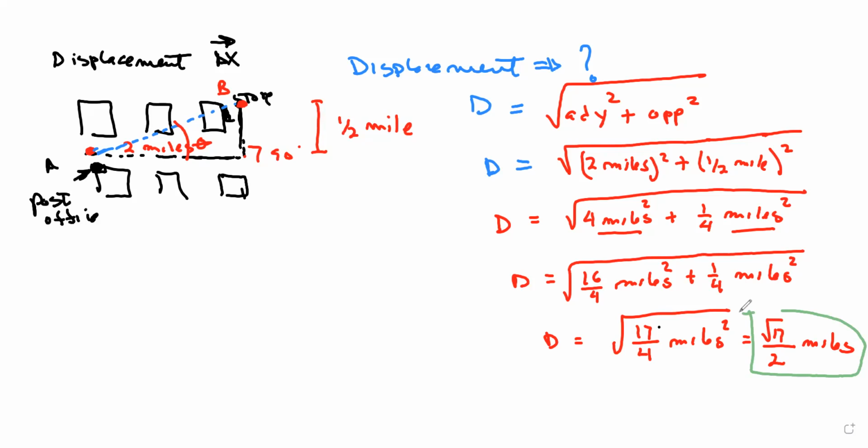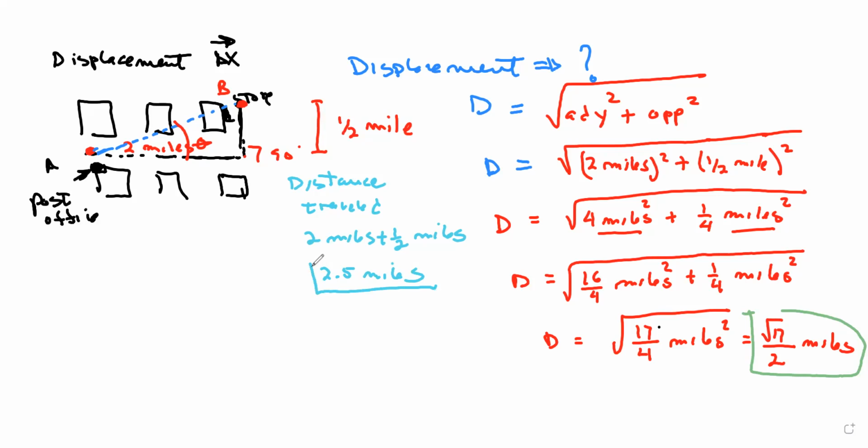And the distance traveled, which is not the same thing. That is something else. The distance traveled is going to be 2 miles plus 1.5 miles. So that would be 2.5 miles in total.